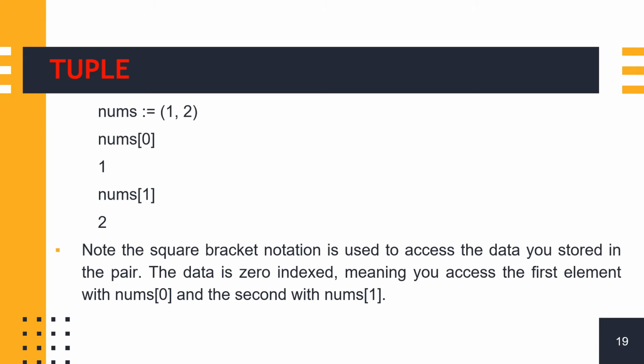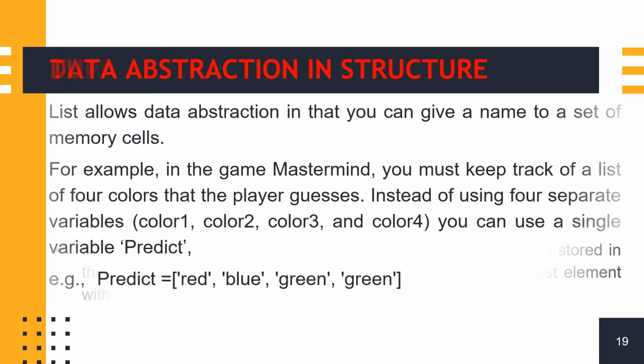Note the square brackets notation is used to access the data you stored in the pair. This data is 0 indexed, meaning you access the first element with number[0] and the second with number[1]. Now a list allows data abstraction in that you can give a name to a set of memory cells.